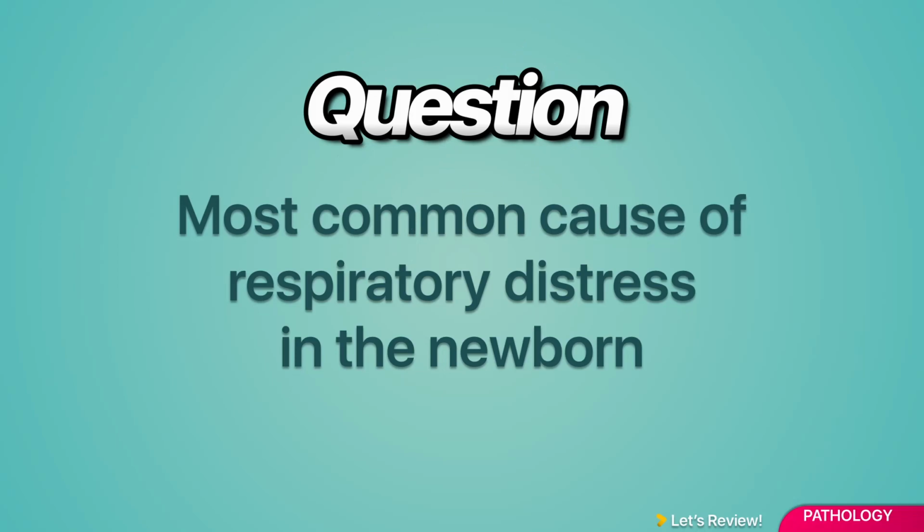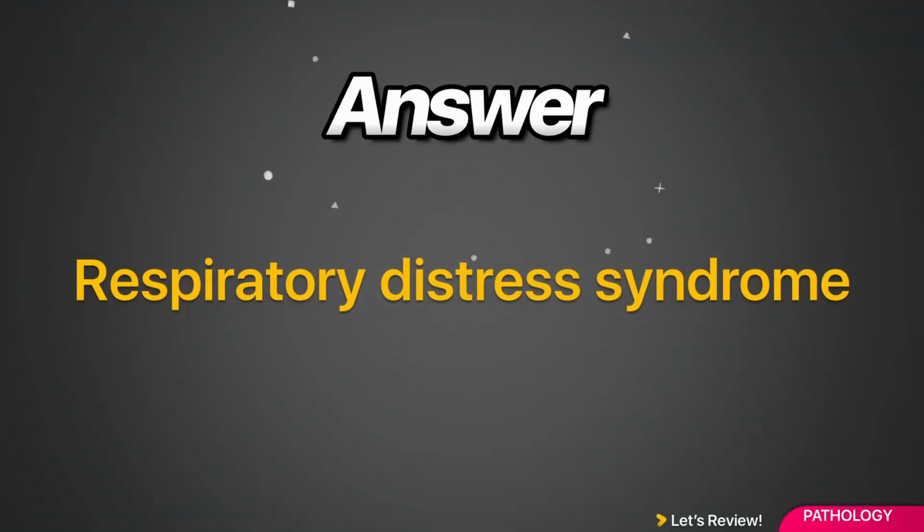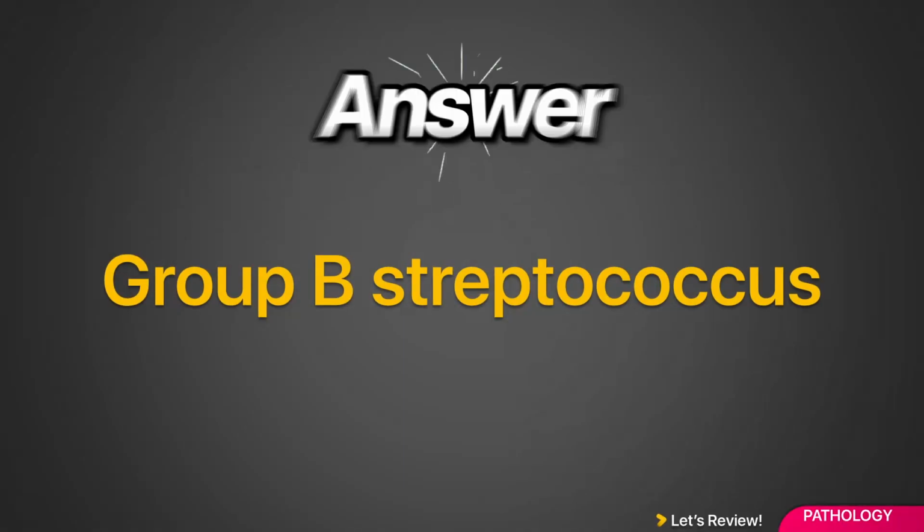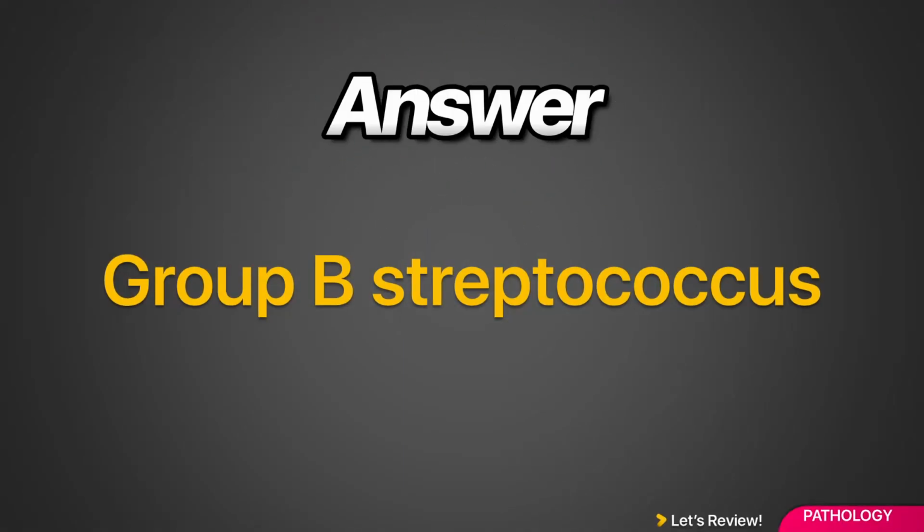Most common cause of respiratory distress in the newborn. Respiratory distress syndrome. Most common cause of early onset perinatal sepsis. Group B streptococcus.